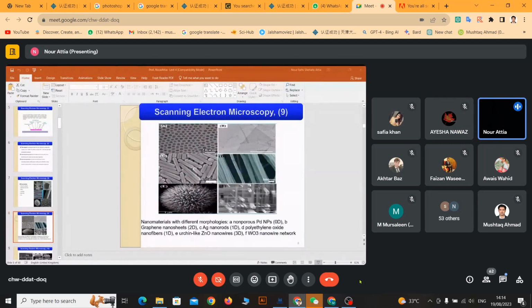C is gold nanowire, one dimension. D is polyethylene oxide nanofiber, which is actually prepared by an electrospinning machine. E is zinc oxide nanowire, and F is a tungsten oxide nanowire network, 3D. E and F are 3D nanomaterials.